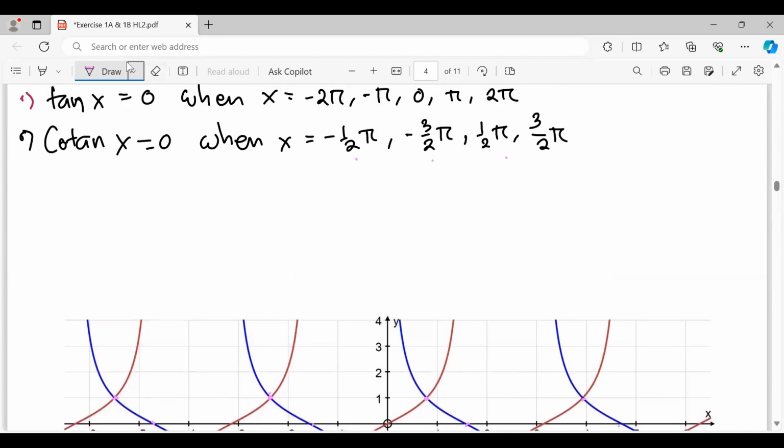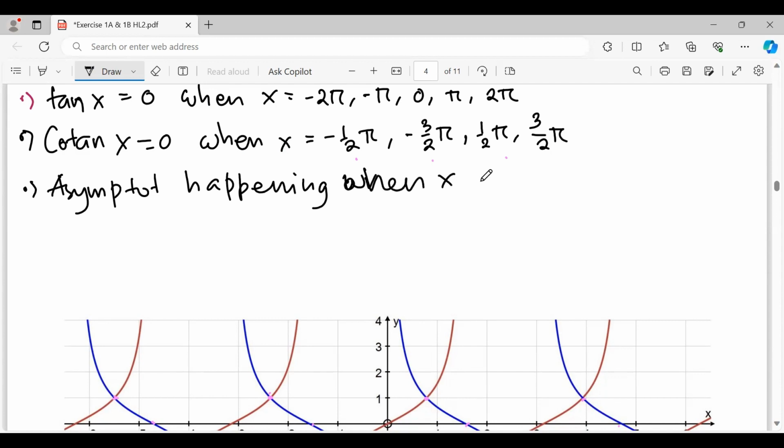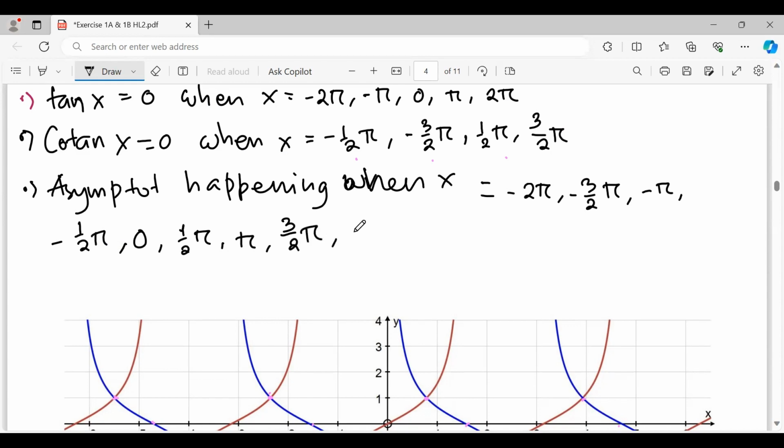After that, asymptotes. For asymptotes, the asymptotes happening when x equals minus 2 pi, minus 3 half pi, minus pi, minus half pi, 0, half pi, pi, 3 half pi, and 2 pi.